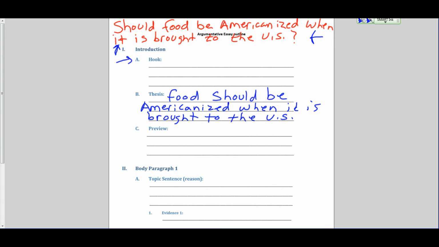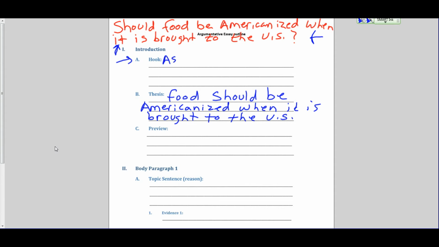Okay. Now in order to get a 4 on the rubric, which is an A, our hook has to be striking and engage our reader. So it's kind of tough to get a 4 with the hook, but it's not impossible. So here's an example of a hook that would get a 4.